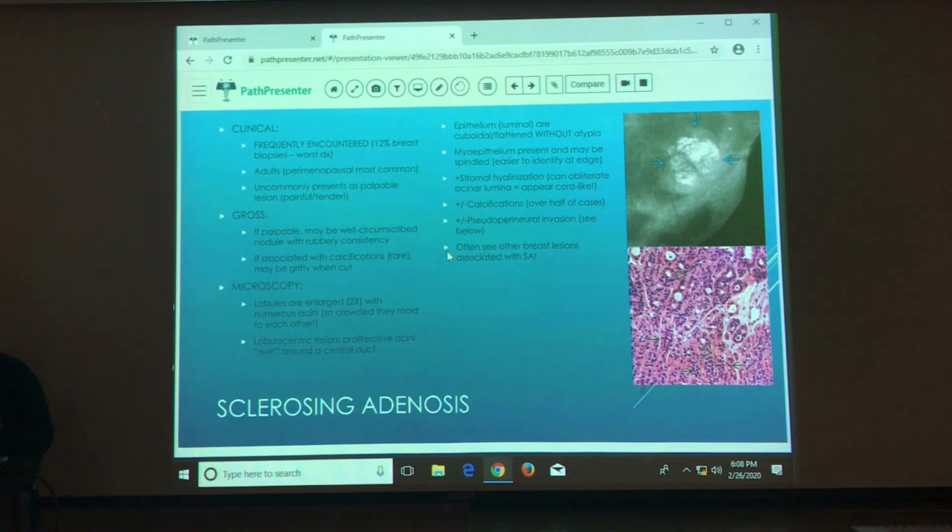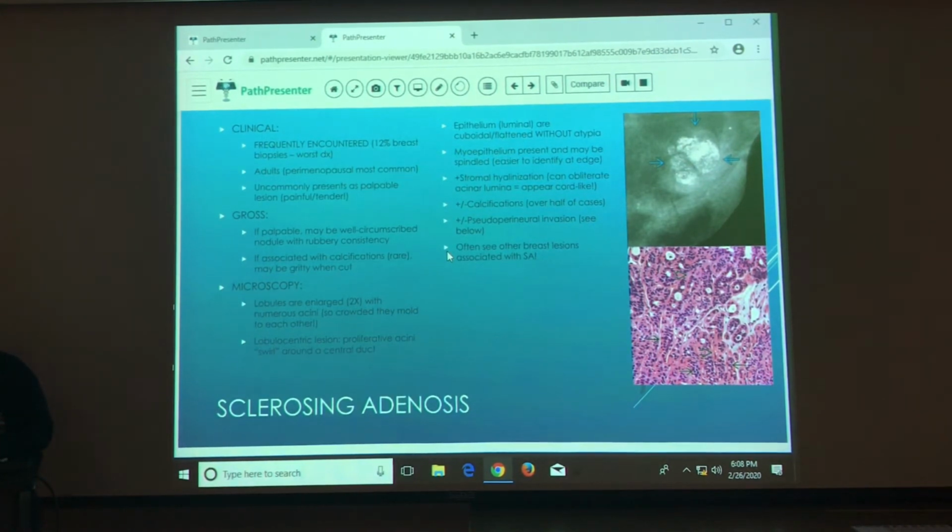Rarely they're associated with calcifications, so we know that would give us a gritty sensation when we cut into them. Okay, and sclerosing adenosis, I think, is somewhat similar, visually, to lactational change, because you have so much crowding, they start to mold on each other, but they're still trying to dilate a bit.